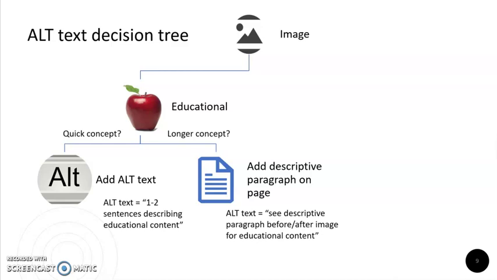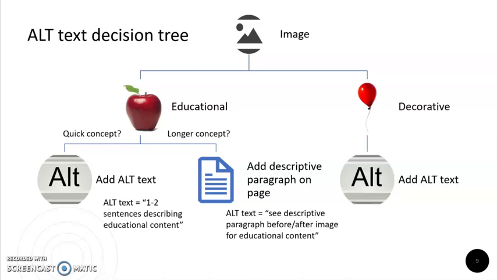Now, if the image isn't educational, if it's just purely decorative, then in the alt text you can type decorative image, or you can click on the little checkbox for Indicate Image as Decorative. So this is the decision tree for when you have an image that you need to add the alt text to.